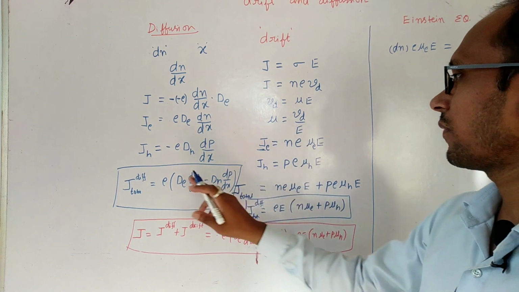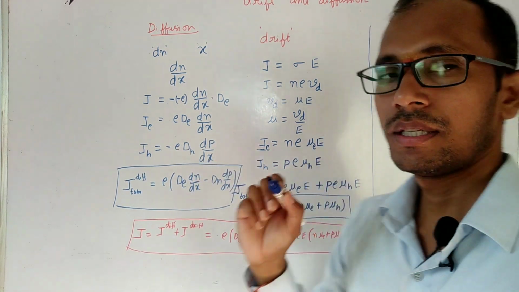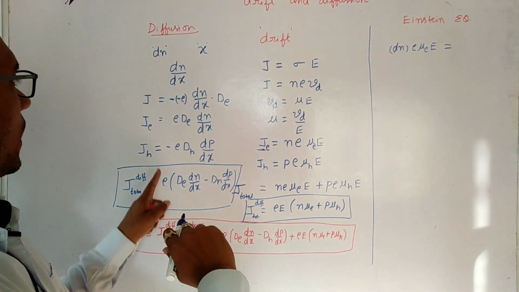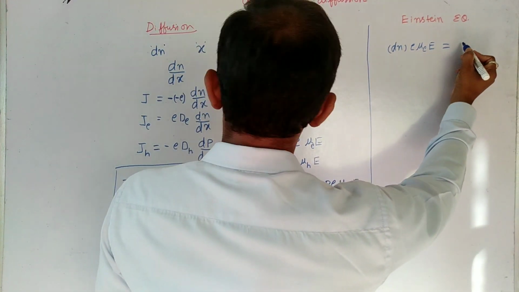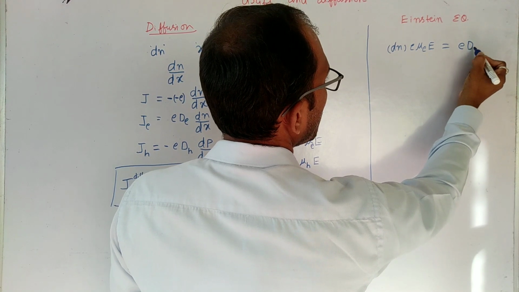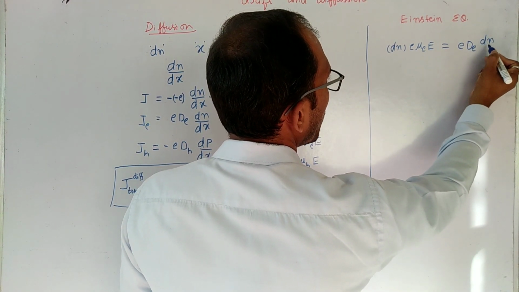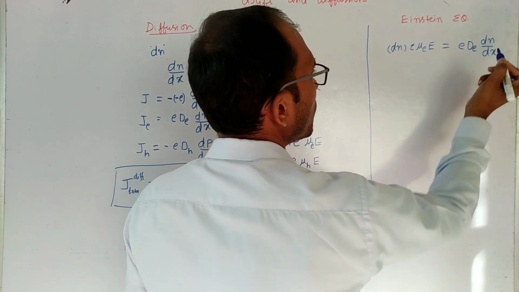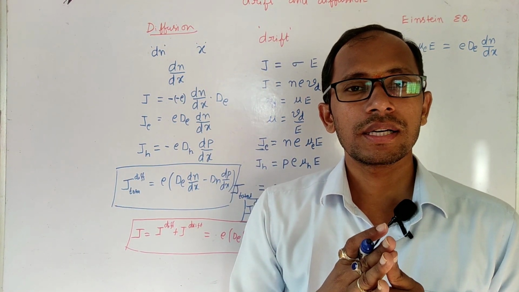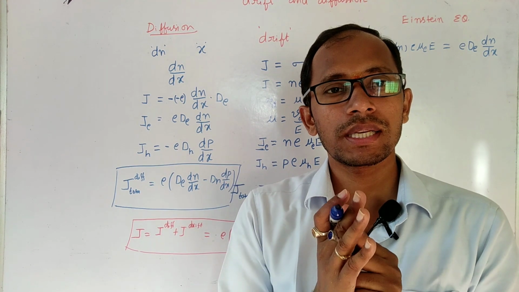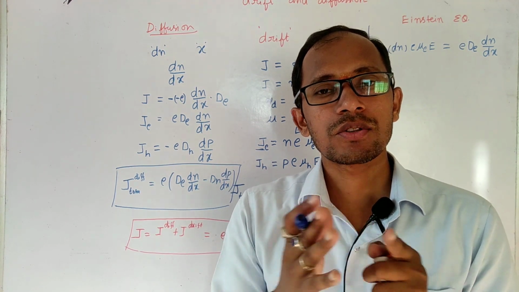What is the diffusion current for the electrons? The diffusion current for the electrons is e D_e dn by dx. So both these current densities are equal.